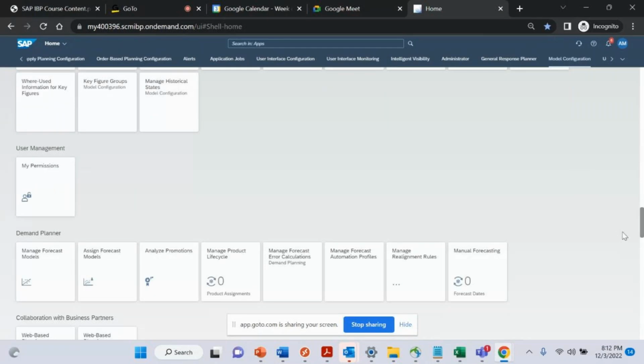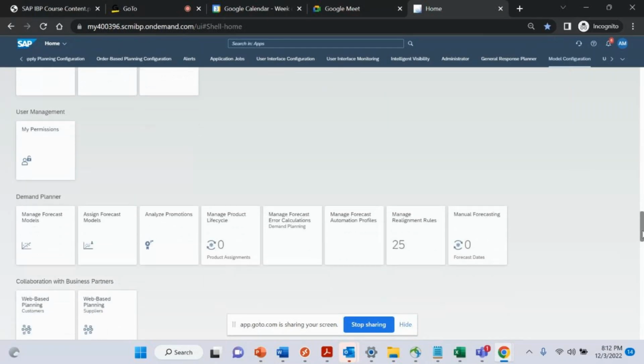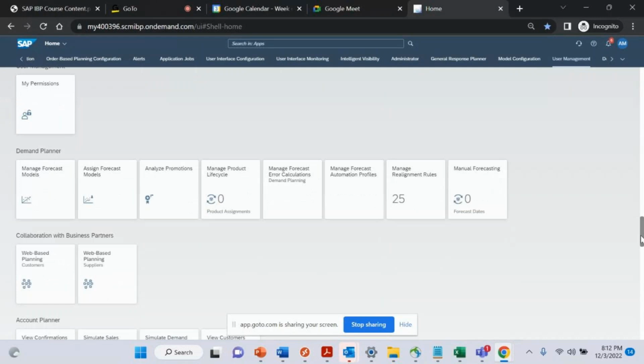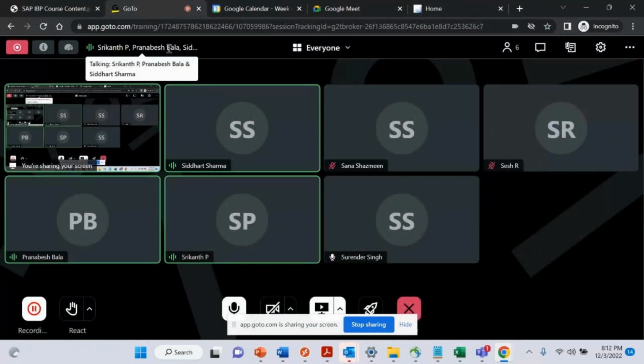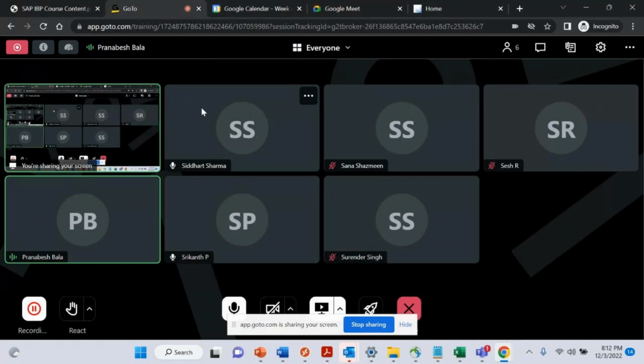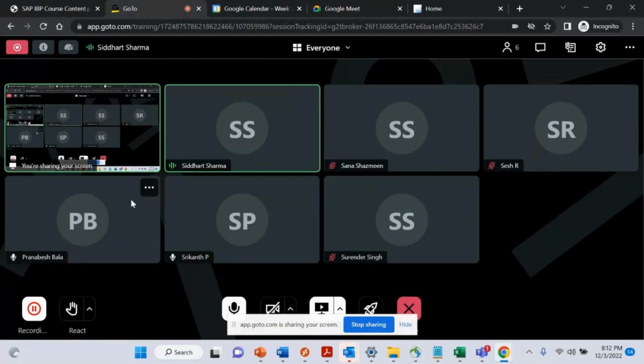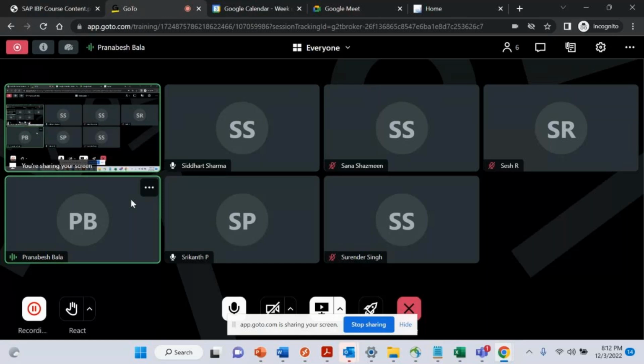Who is this view I am showing new to? For Srikant, this is new. I think Omkar has experience, but Srikant, Pranavesh and Surinder, is it new for you? Yes, I am a little familiar, but I have not worked in much detail; I am exploring more.